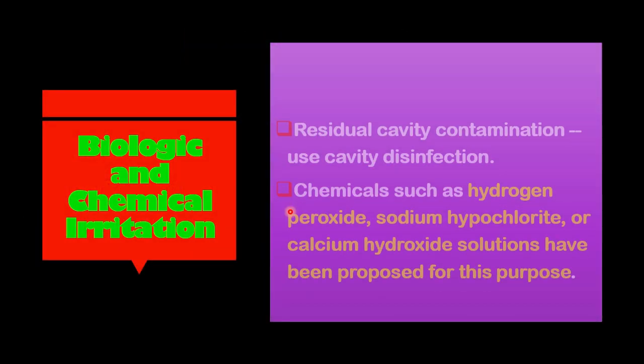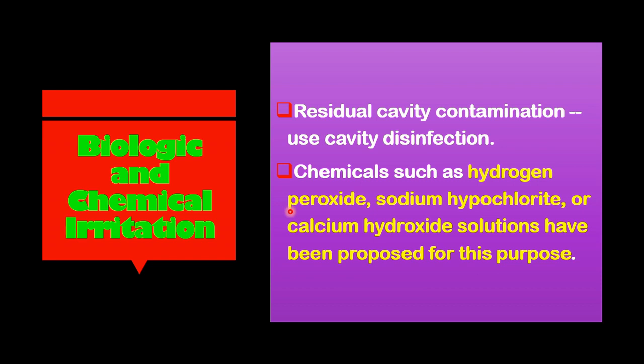Coming to the next factor, that is biologic and chemical irritation. The residual cavity contamination prompted some researchers to use cavity disinfectants. They started using certain caustic chemicals like hydrogen peroxide, sodium hypochlorite or calcium hydroxide solution.